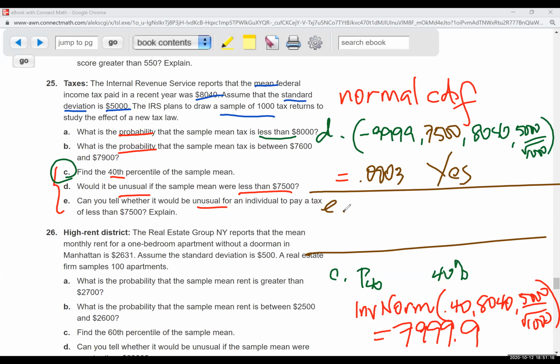Okay, how about letter E? Can you tell whether it would be unusual for an individual to pay a tax of less than 7,500?